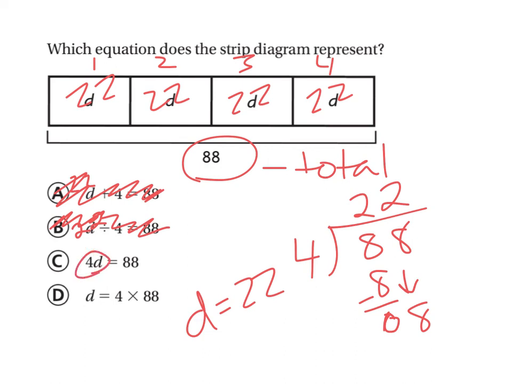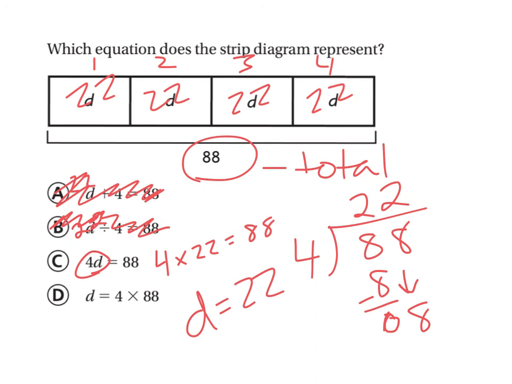Watch this, no symbol. This is really saying 4D, or 4 times 22, equals 88. Well, that makes some sense. I think that could be something that makes sense here, because if I were to go solve that, 4 times 22 is going to be 88.